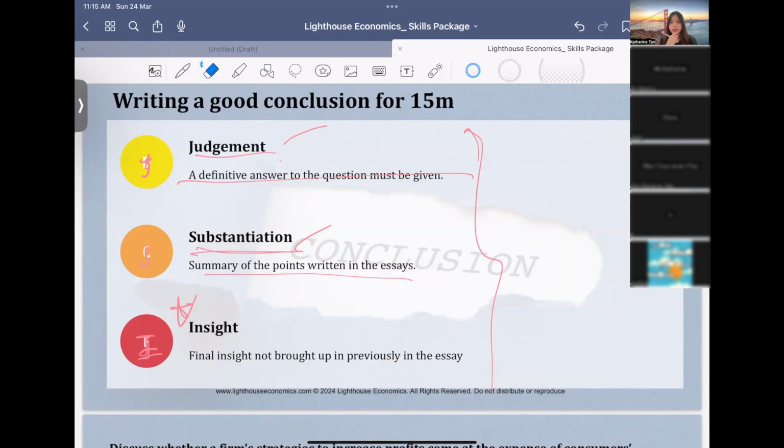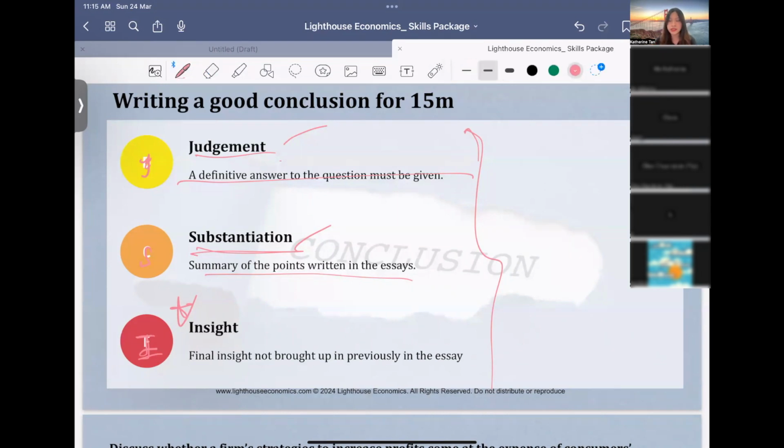Then maybe your insight will be that's why you need a mix of many indicators to evaluate the non-material or material standard of living. Or you can bring in things like: a good way to measure non-material standard of living is to bring in composite indicators.